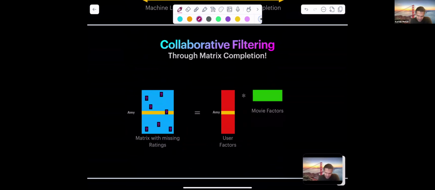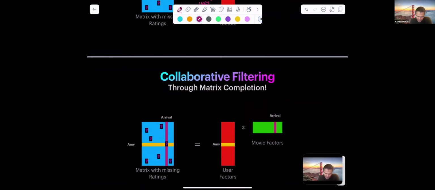So for instance, if you have this user Amy, and we want to predict what the rating is for a particular movie, then this is the user factor for Amy, right? And similarly, if you have a movie Arrival, and you want to predict the rating of Amy for the movie Arrival, you would have the movie factor here.